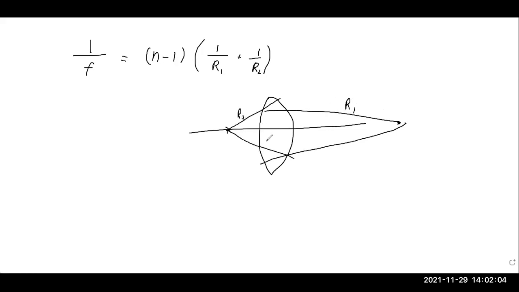But both of these would count as positive. A double concave lens, both of these radius of curvatures would count as negative. And a lens like this, the front is concave and the back is convex. So you would have a positive and a negative radius of curvature to plug in.